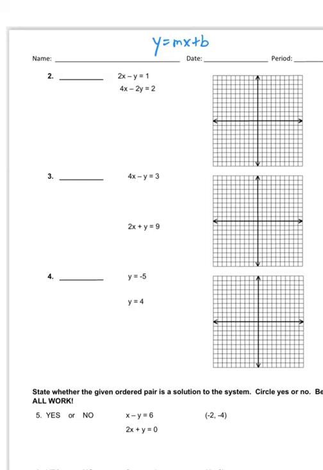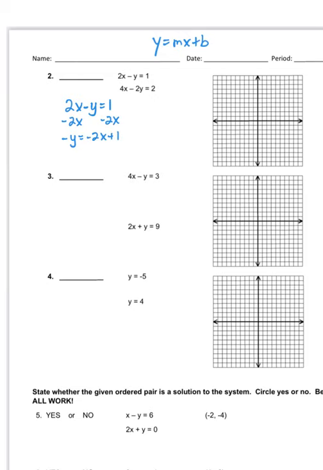So I'm going to start off with this first equation: 2x minus y equals 1. I want to put that in y equals mx plus b form, so basically I'm solving for y. To get y by itself, I'm going to subtract 2x from both sides. So I'll have negative y equals negative 2x plus 1.